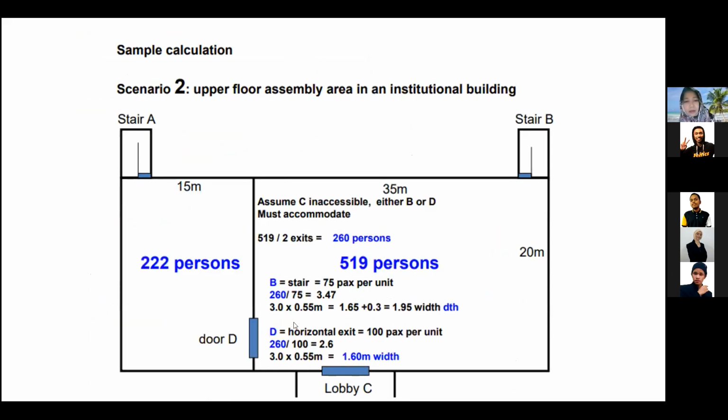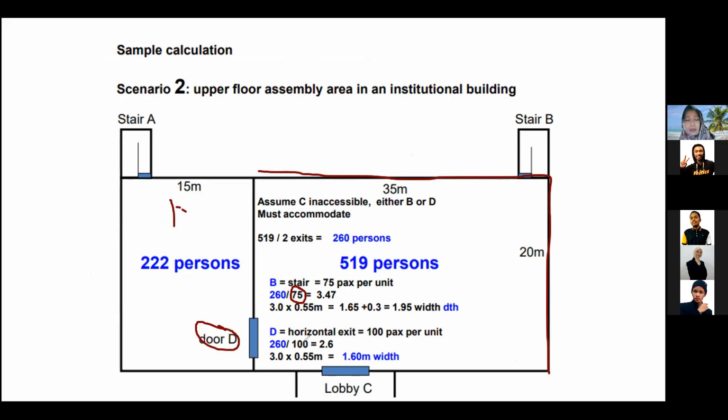Okay, I need to check this one also, because I understand that your question is very logical. Your concern is about why 75, but stair B is actually having a much wider area compared to D.